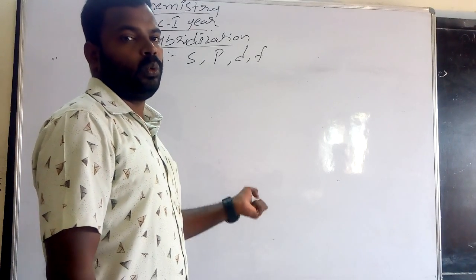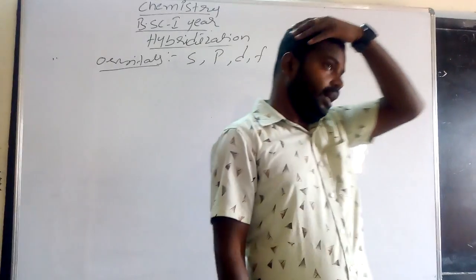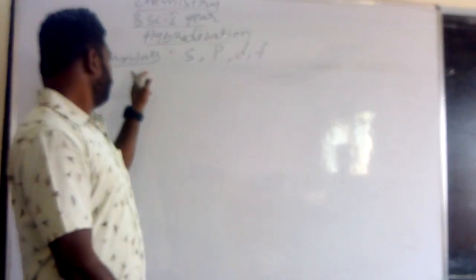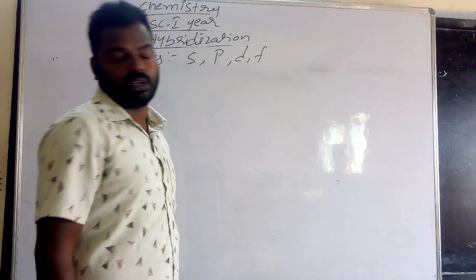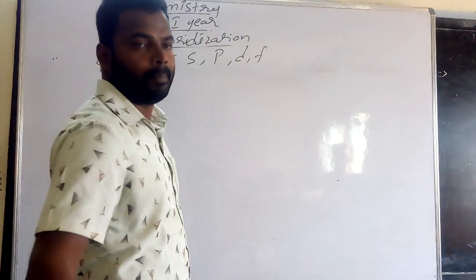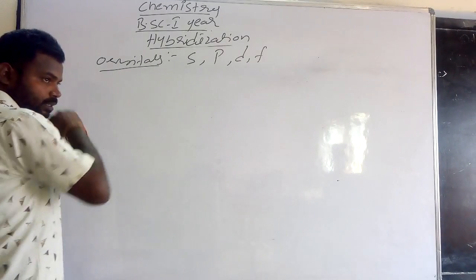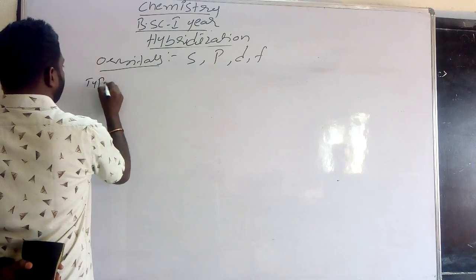Intermixing of two or more orbitals are combined to give new equivalent hybrid orbitals. This process is known as hybridization. So what are orbitals? SPDF. These four different orbitals are combined. Orbitals are SPDF.